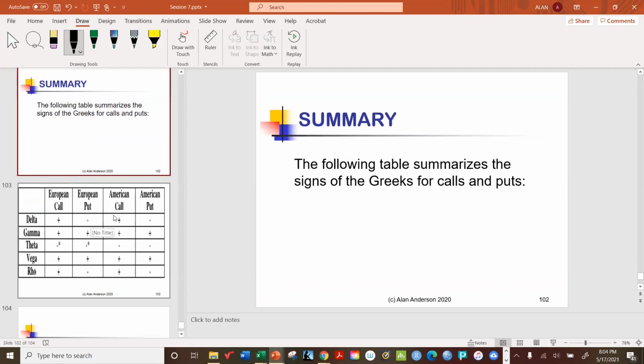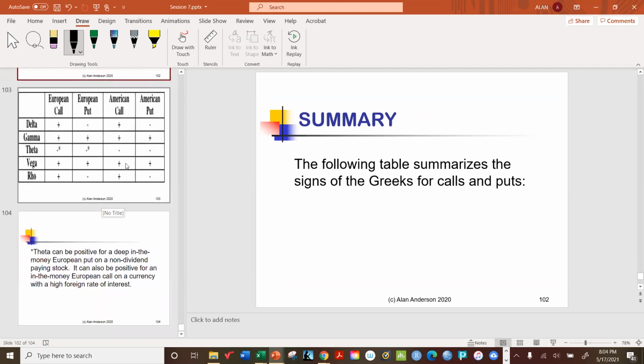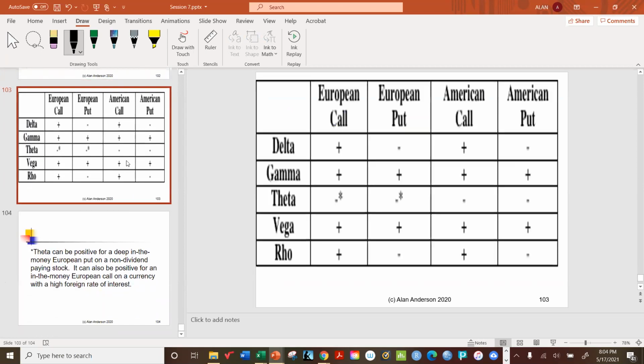Anyway, I've helpfully put together a little chart for you so that you'll remember what the signs look like. And remember the theta, we have some potentially weird cases, but basically these should all be negatives. So in other words, the delta is always positive for a call, negative for a put.